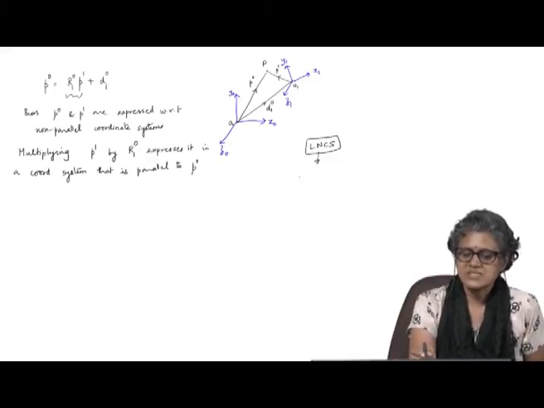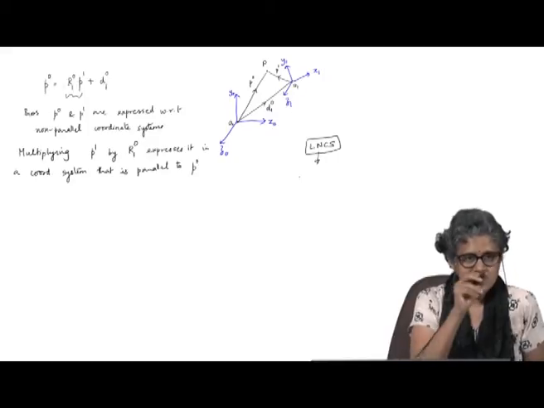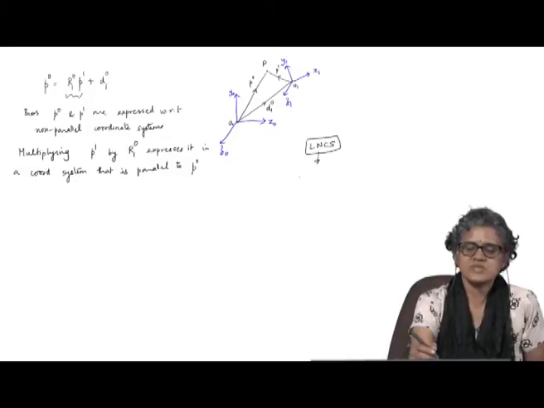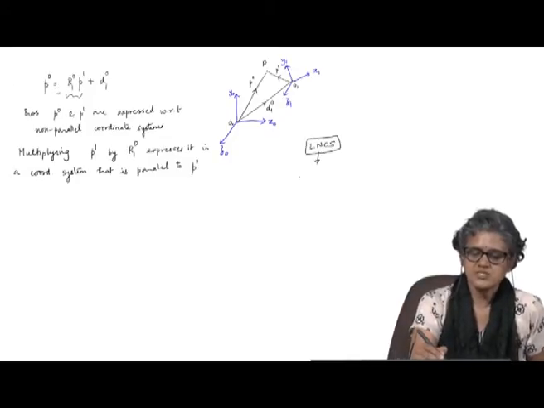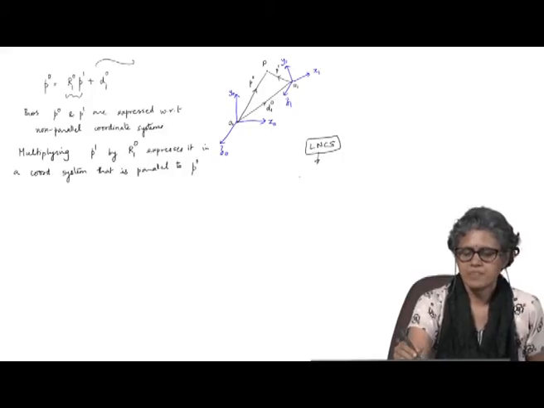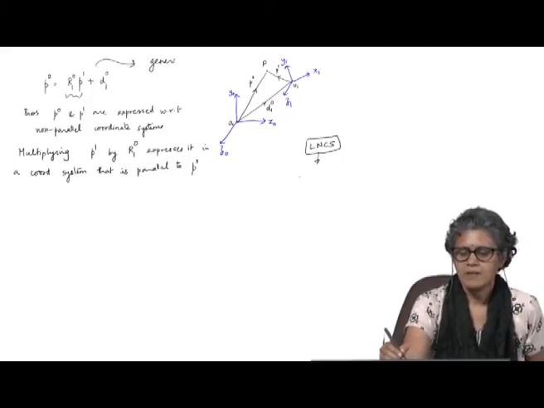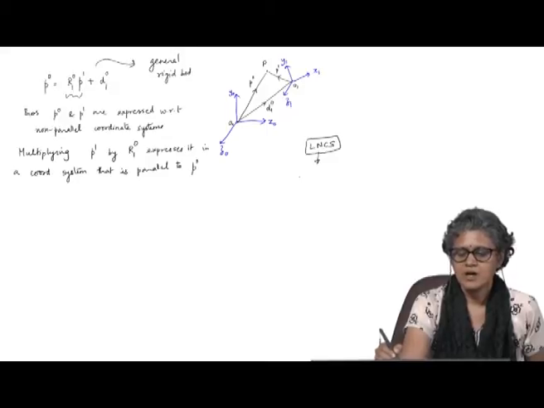In this case, these vectors can be added. You can do the translation first. So, this is a description of a general rigid body motion, where you have a rotation and a translation.